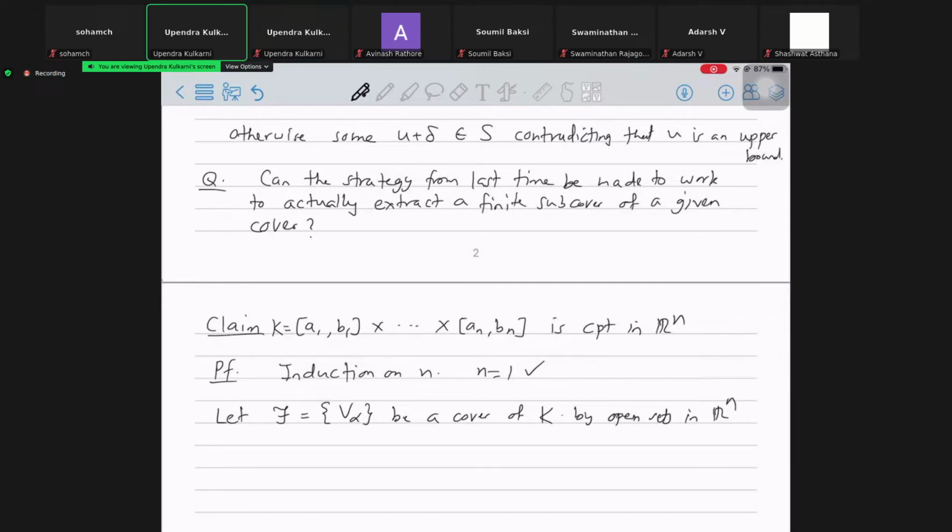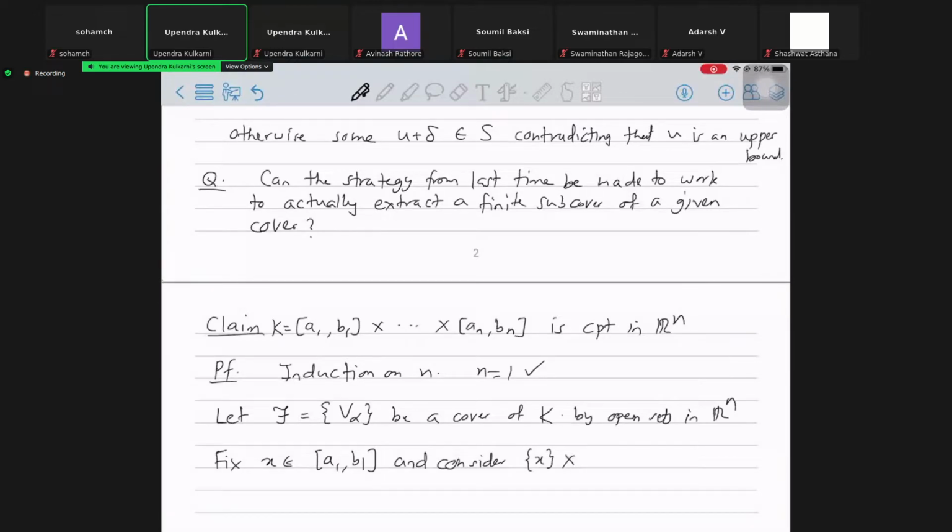So we have a cover by open sets. I need to extract a finite subcover. We are saying induction, so let's split one off. So we will split the first slot off. So fix x in [a1, b1] and consider this set, x singleton in the first.